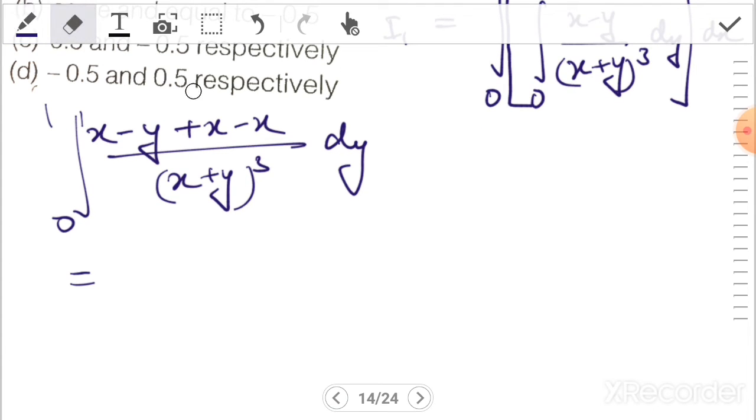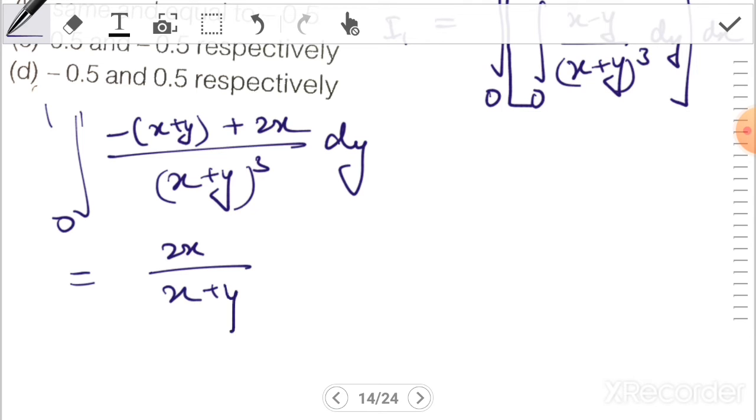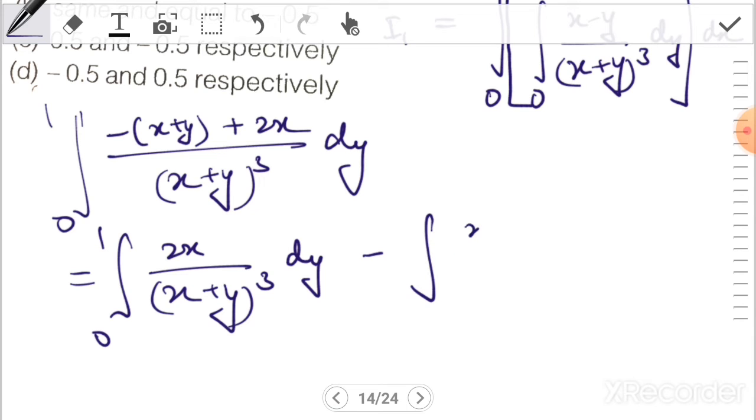So you can write this as minus of x plus y and plus 2x. Okay, so 2x by x plus y whole cube dy 0 to 1 minus 1 by x plus y whole square dy.